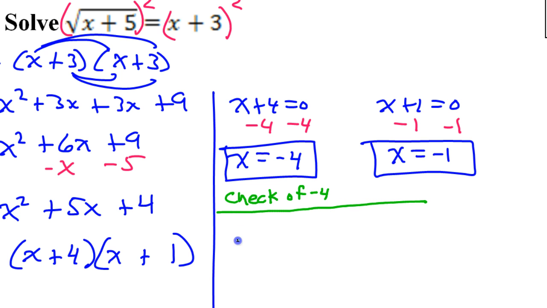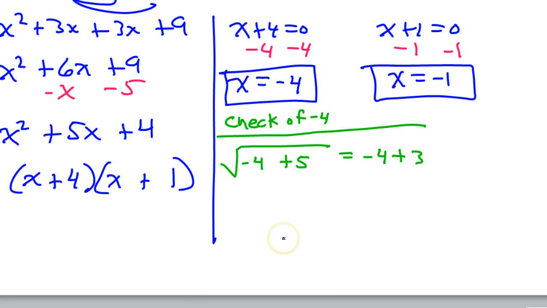Then that's going to give me the square root of negative 4 plus 5 is equal to negative 4 plus 3. Alright, I can already see this is not going to work, because I have a radical and I see this is about to be negative over here.